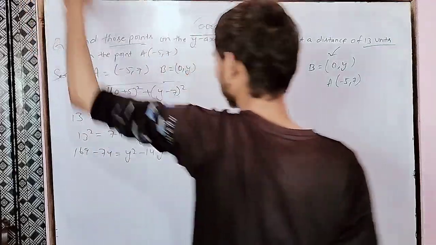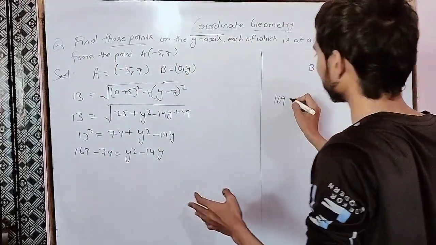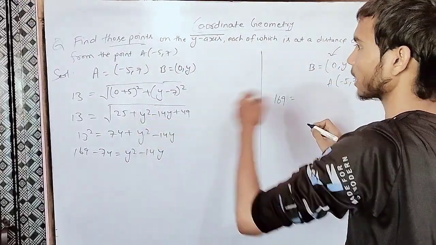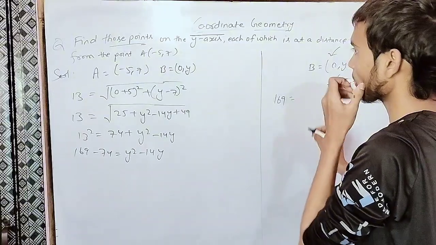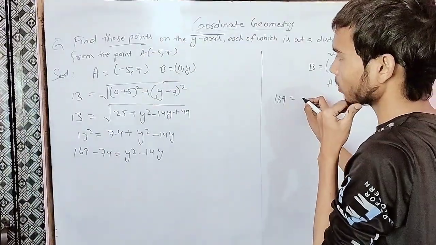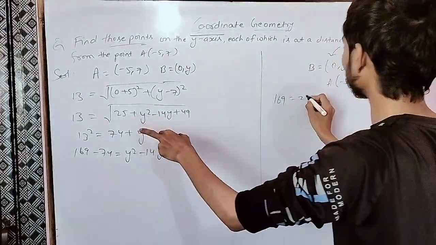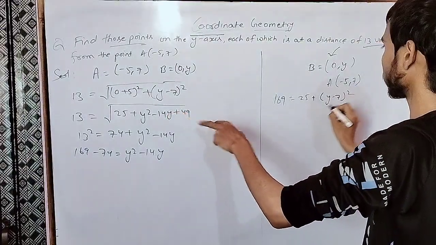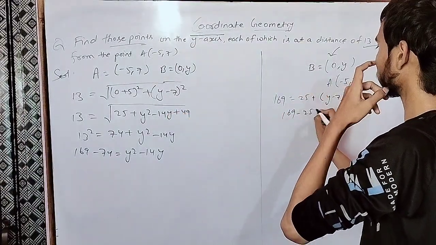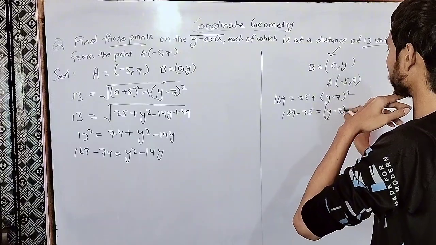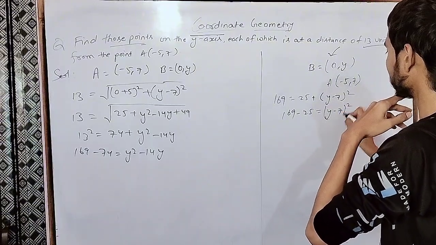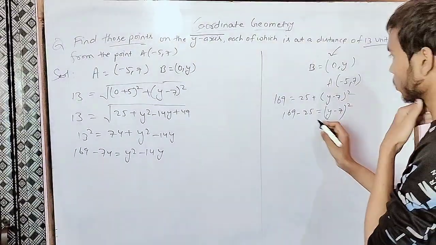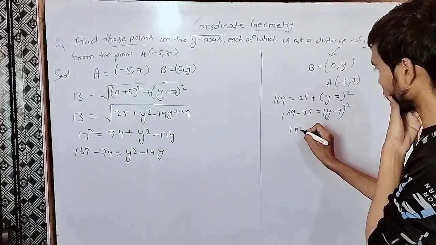Now second method is that 169 and we have here 25 plus y minus 7 square. So 169 minus 25, y minus 7 square. Y minus 7 square. So it is how much? 144.